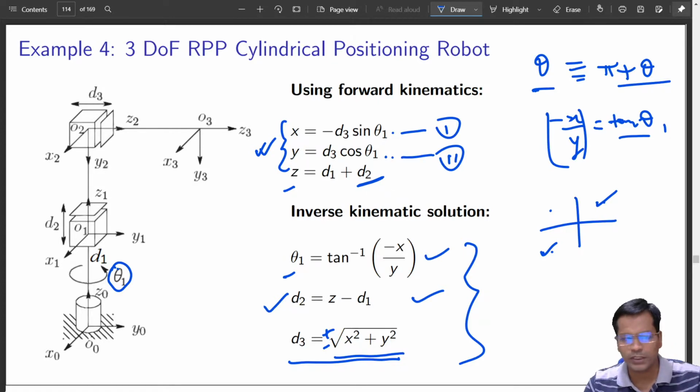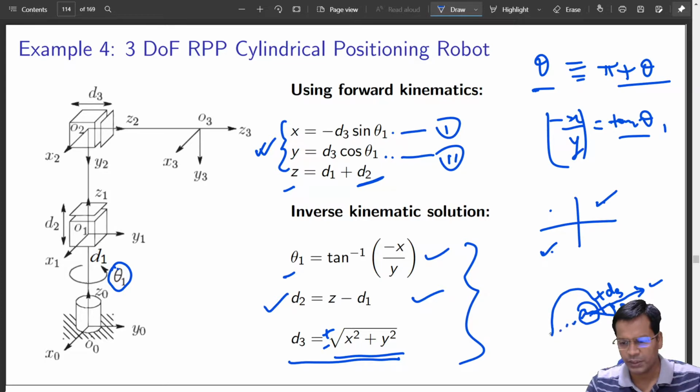What is the physical significance of that? First one says your robot is facing this way and your D3 is pointing this way. So when D3 is positive, you are in this quadrant, and this is theta 1. Another one could be your robot is not pointing this way, it is pointing 180 degrees the other side.